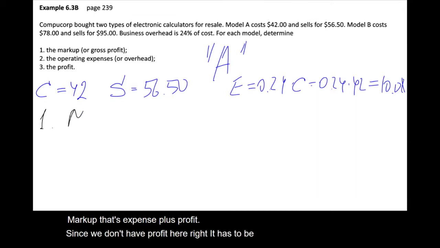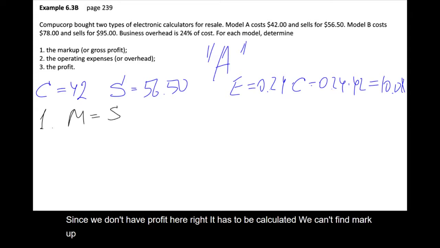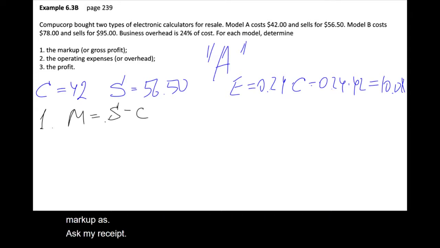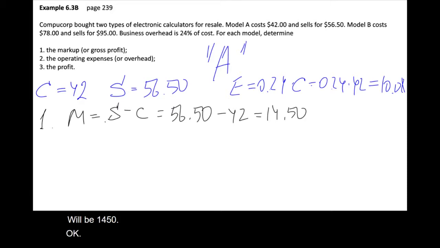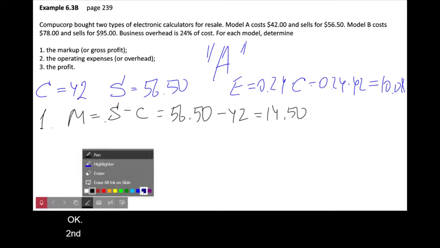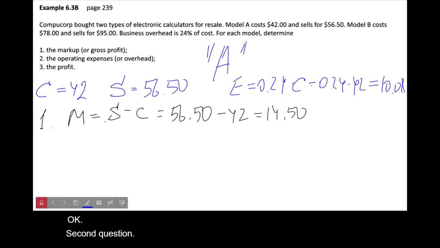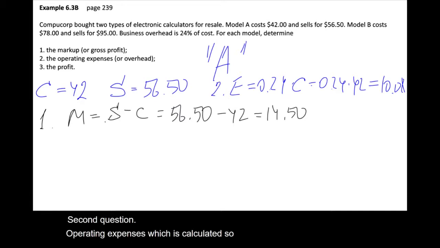We can find markup as S minus C. So 56.50 minus 42 will be 14.50. Okay. Second question, operating expenses. We just calculated it, so I put 10.08 here.